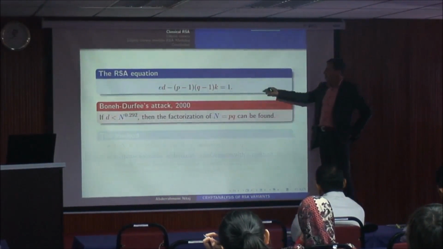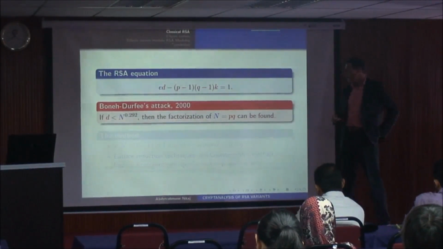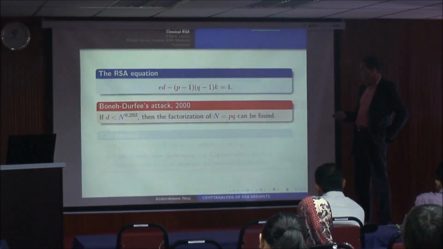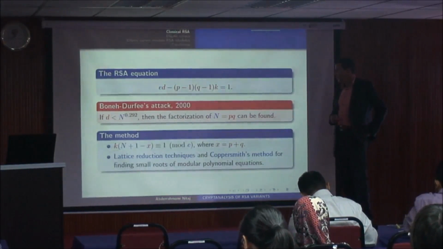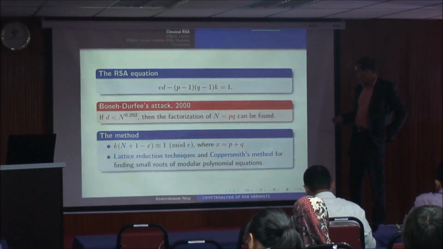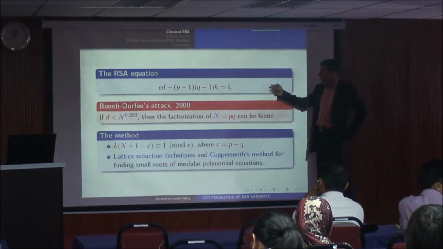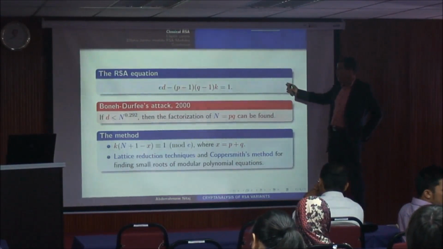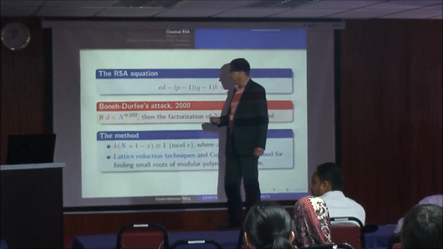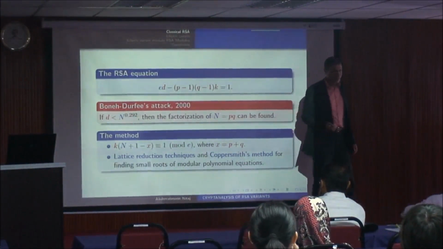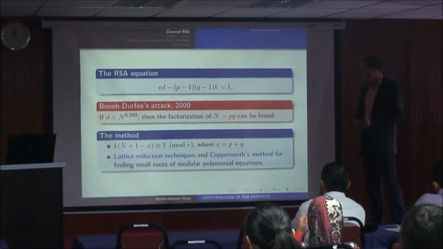Also, using this key equation, Boneh and Durfee in 2000 came up with another method to solve this equation by applying Coppersmith's method. Their attack is powerful and can solve this equation when d is smaller than this bound, and you can see that this improves Wiener's bound.